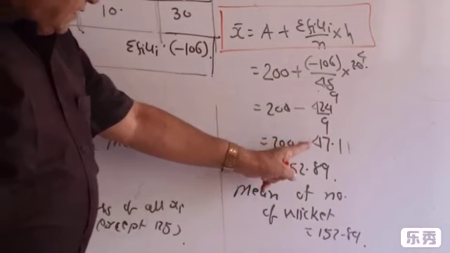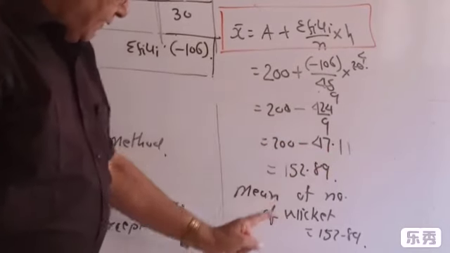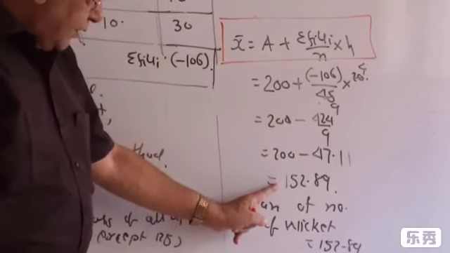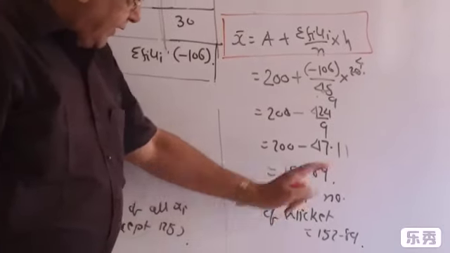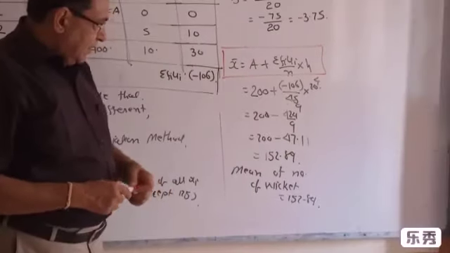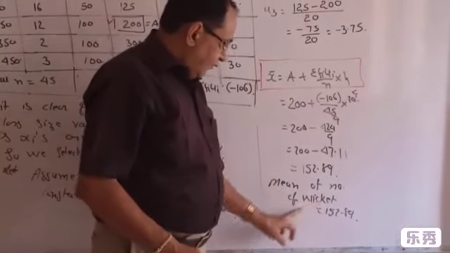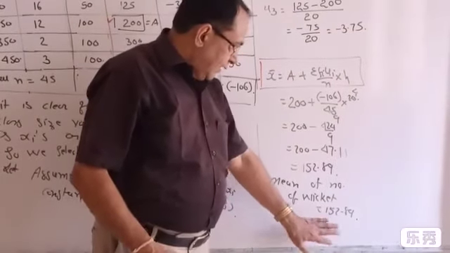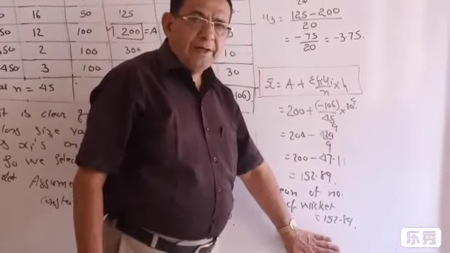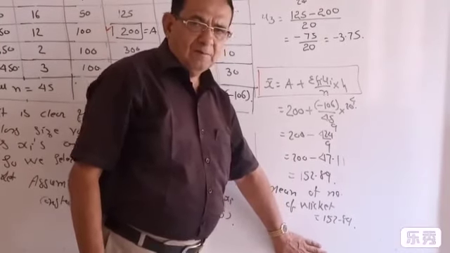So 200 minus 47.11 is equal to 152.89. The mean number of wickets is equal to 152.89.